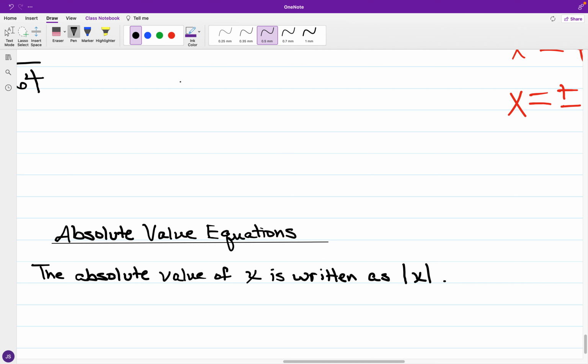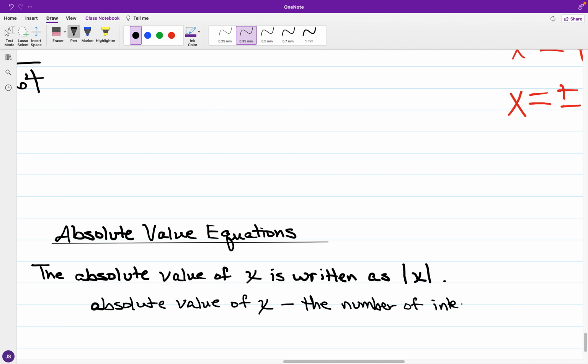And by definition, the absolute value of x is going to be the number of integral steps x is away from 0 on a number line.